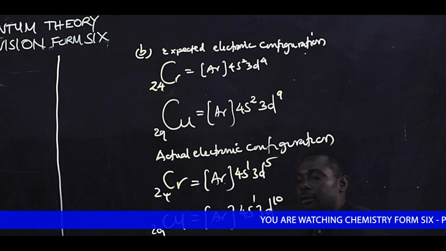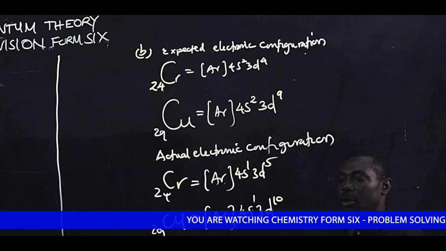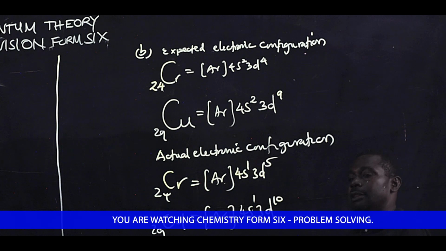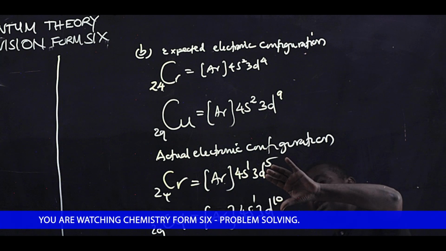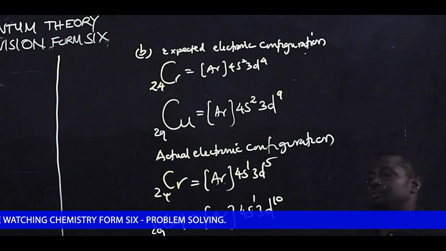And for copper, shortened by using the noble gas argon, in the outermost energy level 4s accommodates 1 and 3d accommodates 10. So these are the unusual electron configurations of chromium and copper.